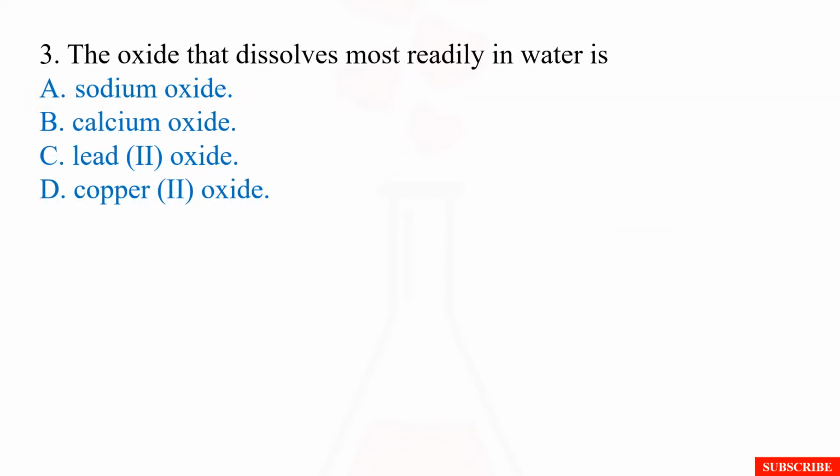Question 3. The oxide that dissolves most readily in water is? For this question, we already said that basically group 1 oxides are soluble in water. So our answer is inclining towards A, sodium oxide. However, we shall realize that not only sodium oxide can dissolve in water to form sodium hydroxide, even calcium oxide can do the same.